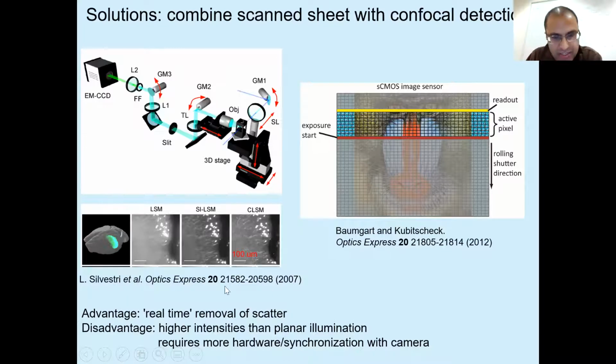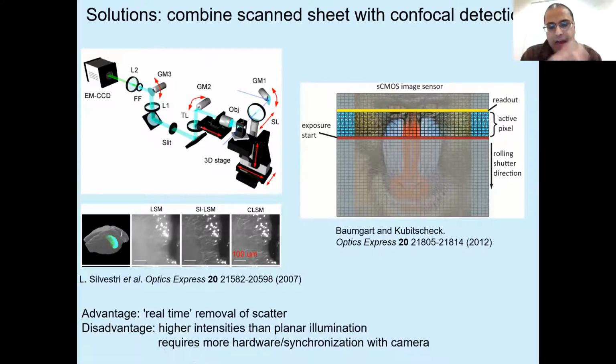That's exactly what these guys did in this paper in 2007. They built a confocal laser light sheet scanning microscope. If you compare those images to the conventional light sheet microscope, all of this haze is suppressed. They achieved this with all of these extra optics on the emission side.